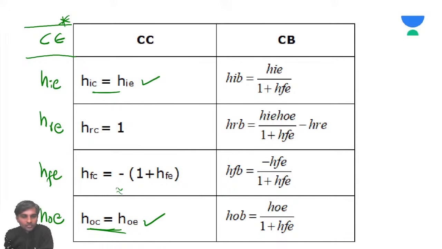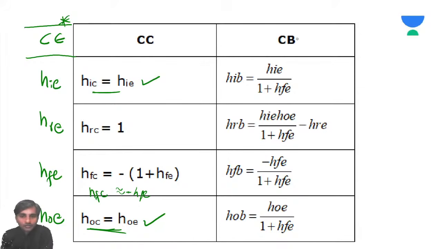So I can almost consider this to be HFE, but with a minus. Remember that. If HFE is equal to 100, then 100 and 101 doesn't make any big difference. So almost HFC is equal to minus HFE.